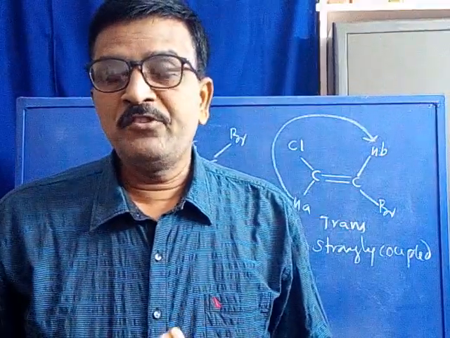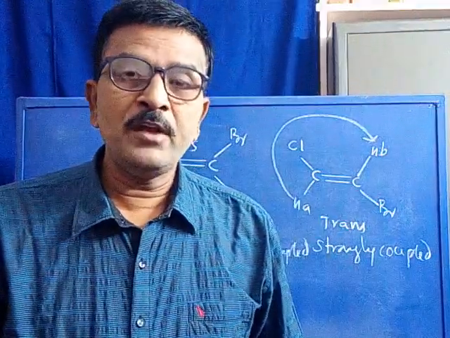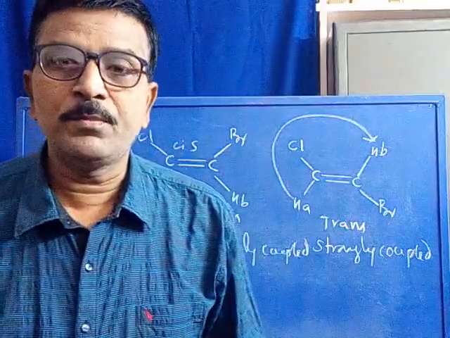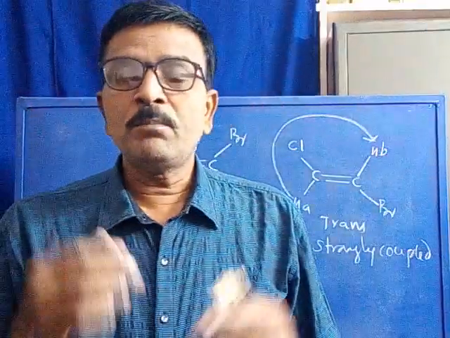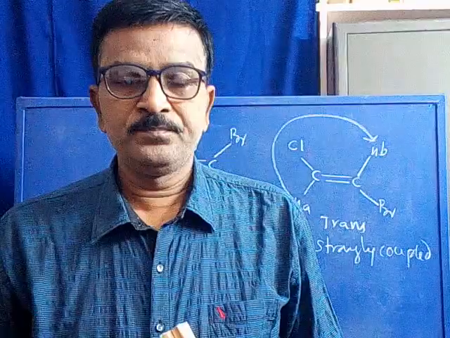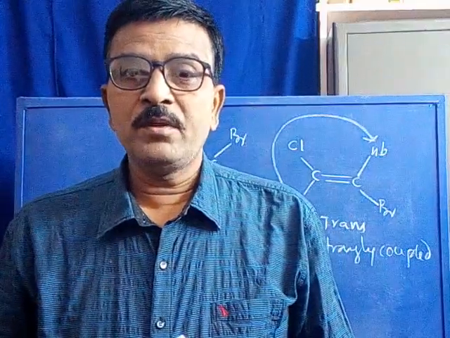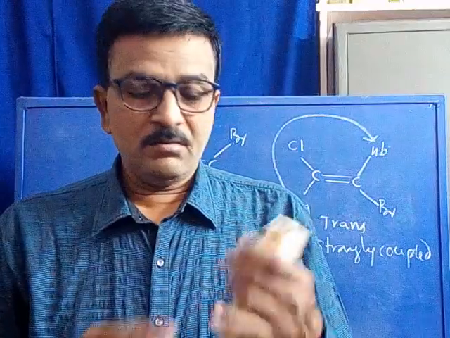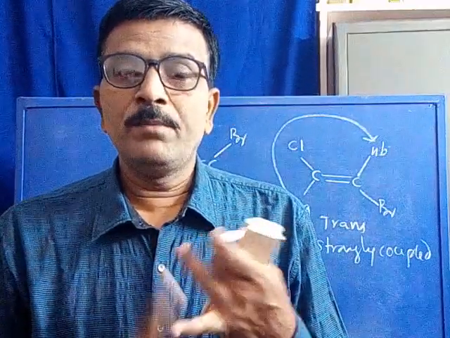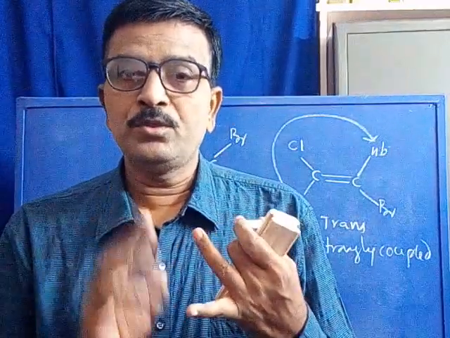The nuclear spins are transmitted from one set of protons to the other set of protons through the bonding electron spins. The nuclear spins are strongly coupled with each other, number 1, when the number of bonds between the coupled protons is up to 3.